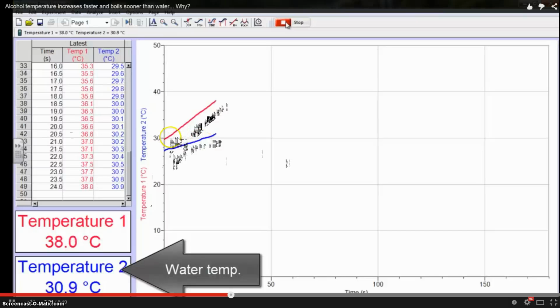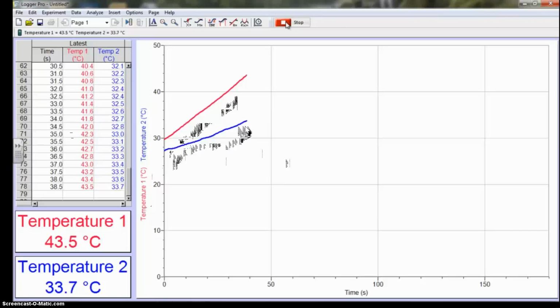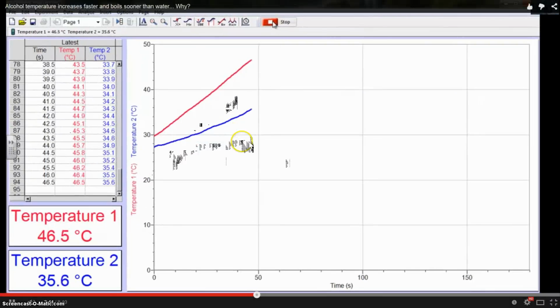So we see the alcohol's temperature already almost to 40 degrees Celsius, and the water temperature is still 30, 32, 33 degrees Celsius. So clearly, the alcohol is increasing in temperature faster than the water is. I'm just going to go ahead and pause it right there.